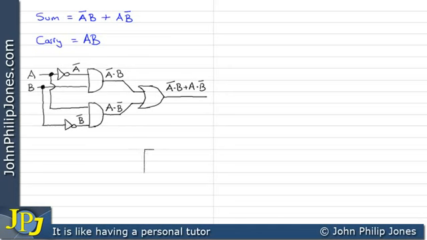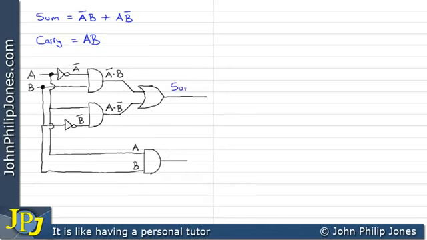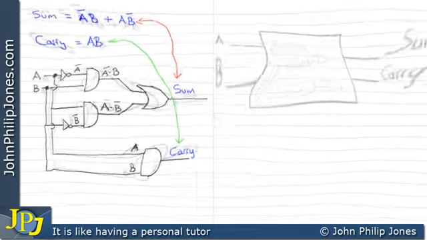To implement the carry, we need an AND gate to give us A and B. Now this involves taking a tap off the A and also a tap off the B, giving the inputs A and B, which results in A and B at the output of the AND gate. Therefore, this is the sum output and this is the carry output. So we can say that we have related the sum and the carry as appropriate to their Boolean expressions.